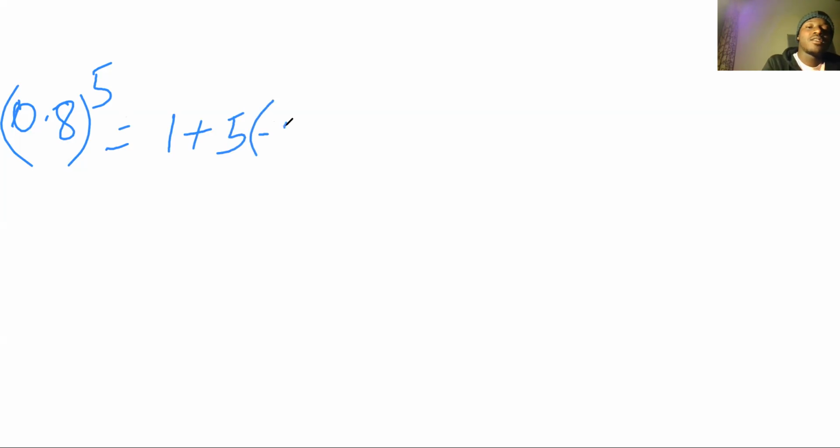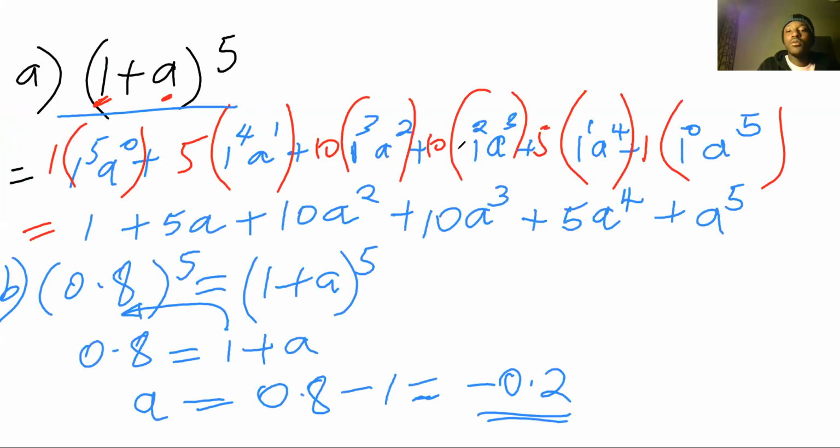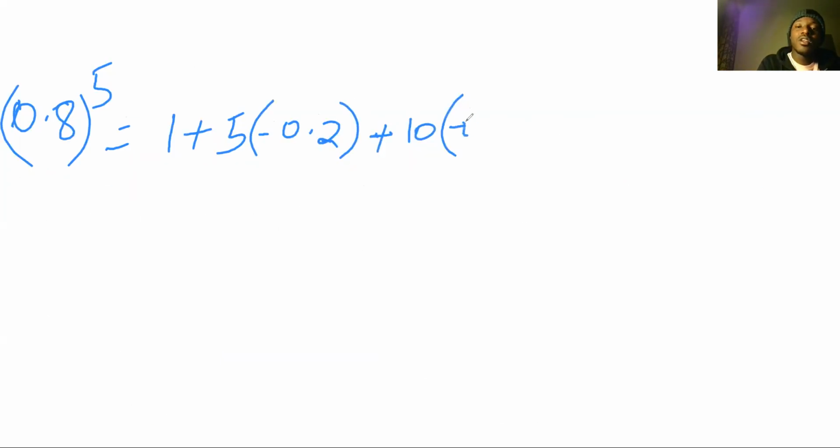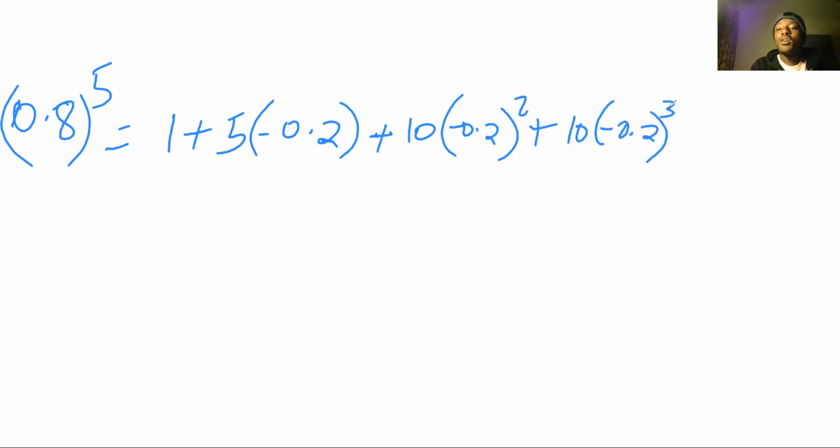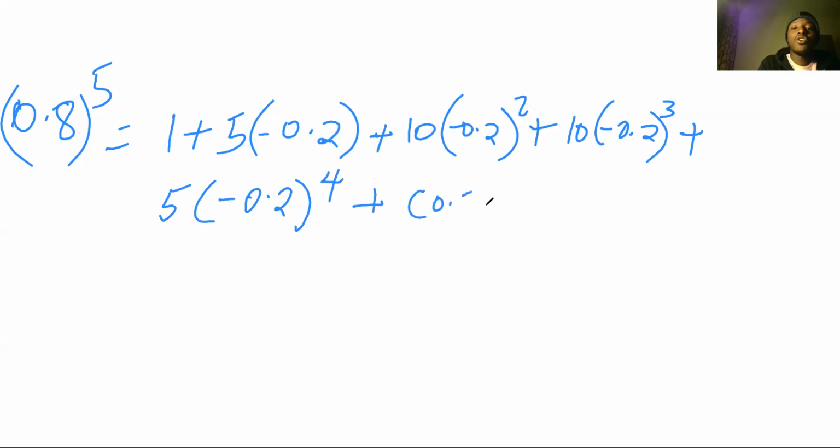So 0.8 to power 5 will be 1 plus 5 times negative 0.2, then 10 times negative 0.2 squared, then 10 times negative 0.2 cubed, then plus 5 times negative 0.2 to power 4 plus negative 0.2 to power 5. You have substituted your values there.